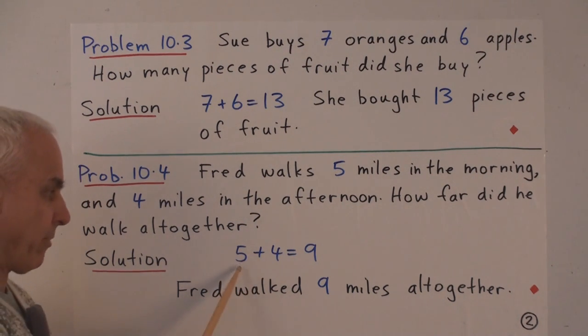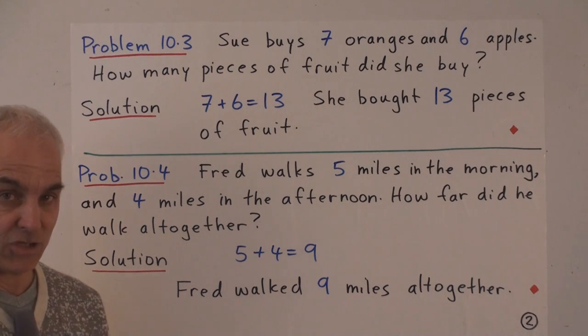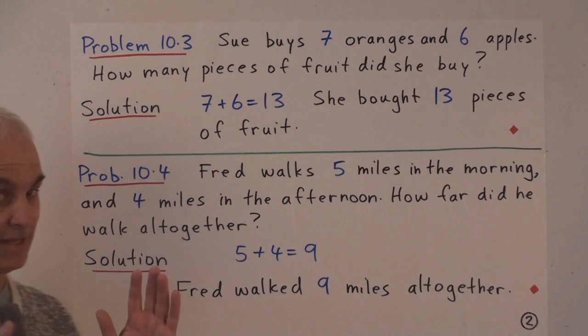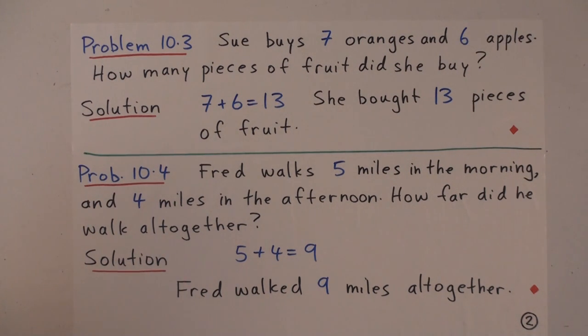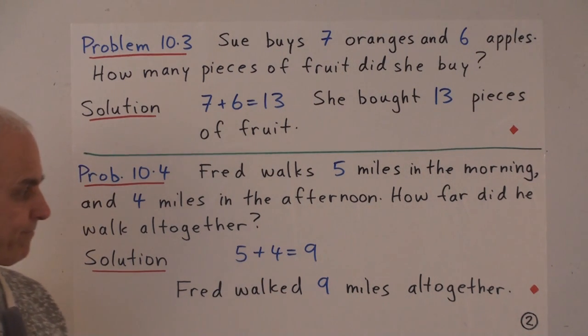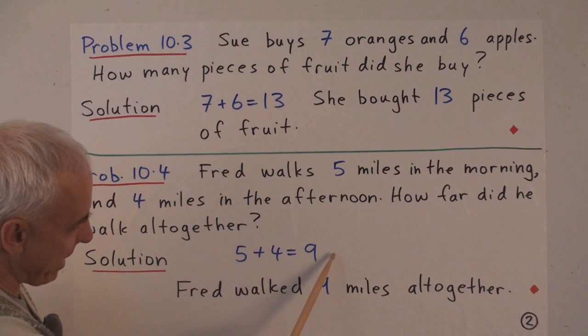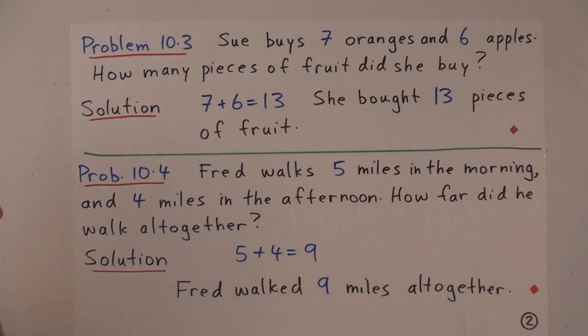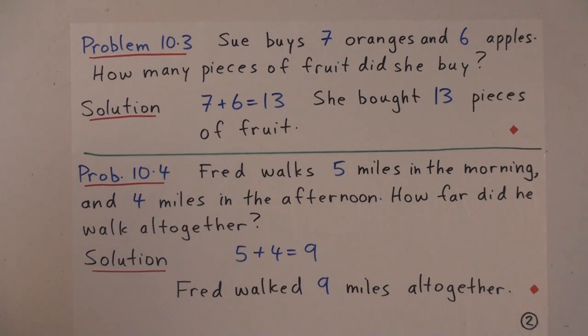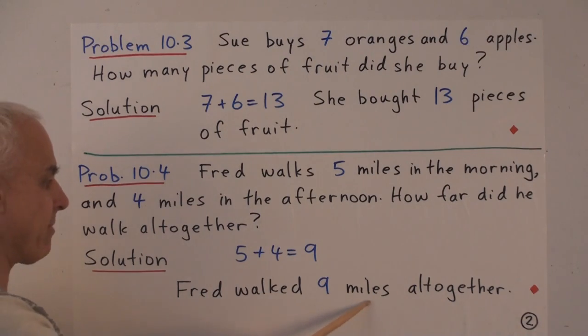But if these were much bigger numbers, it might involve a little bit of work to actually compute what that sum is. But we're just at the elementary stages here, so 5 plus 4 equals 9. So there's the mathematical equation that captures the computation we're making. And once we've made that computation, we can give the answer, which is a sentence which answers the question we're given. So Fred walked 9 miles altogether.